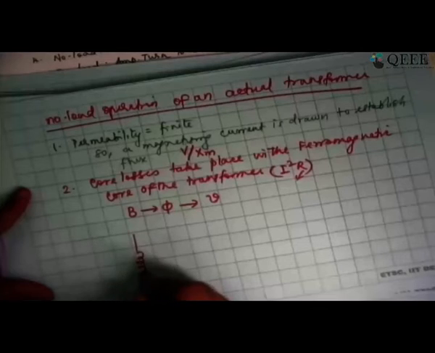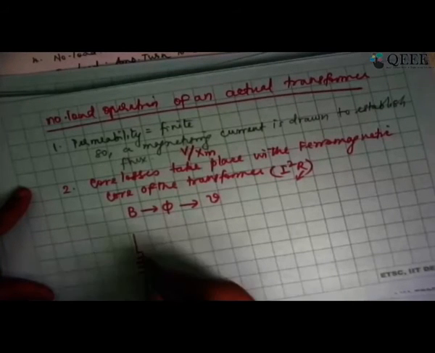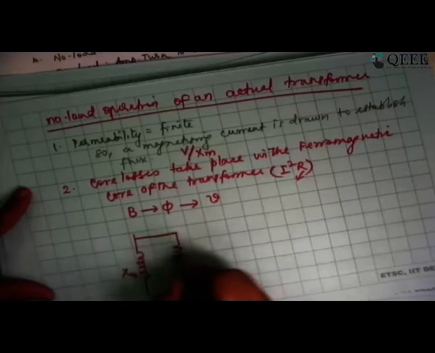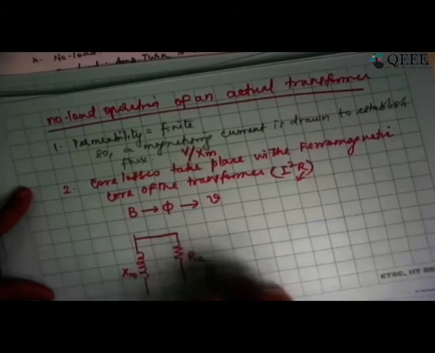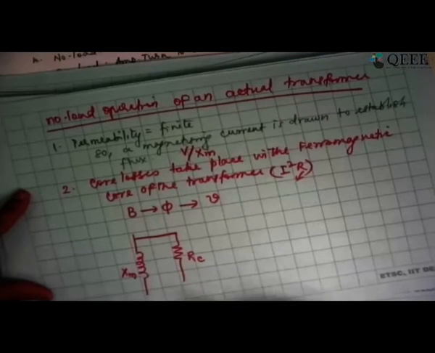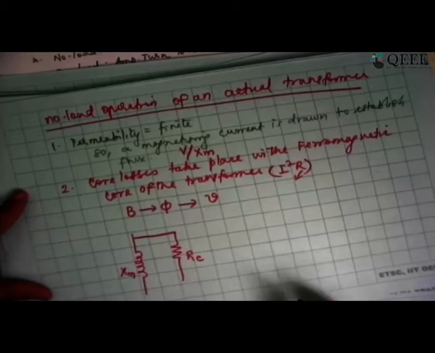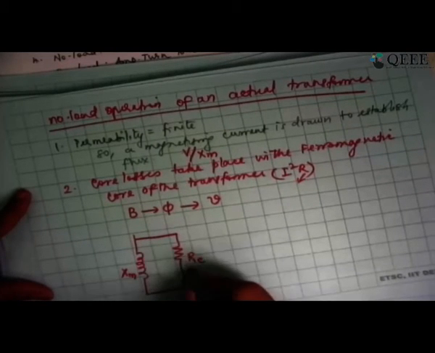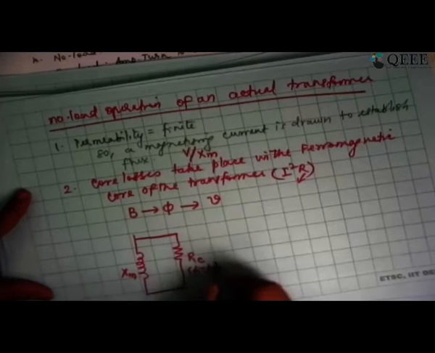That is the reason why we show the equivalent circuit of the transformer under no load condition with the help of a reactance Xm and a resistance, the core loss component of resistance. Some people show this as RC, some as R0. It doesn't matter. This is actually a fictitious resistance.